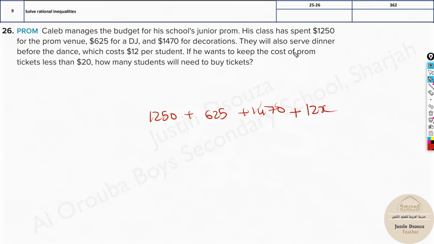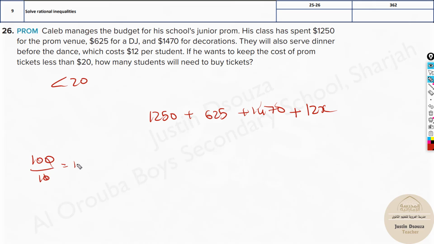And they want to keep the cost of prom per person less than, it's not less than or equal to, it's less than 20. Now, before we write the inequality, let's understand this. If you as a group spend $100 and there are 10 students, how much will each student pay?